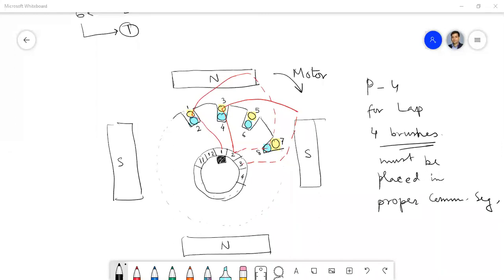So, sir, I think 1, 3, and 5 will be dot, and after that, 7, 9, and 11 will be cross. What about the 2, 4, 6? 2, 4, 6, sir. Sir, just a minute.